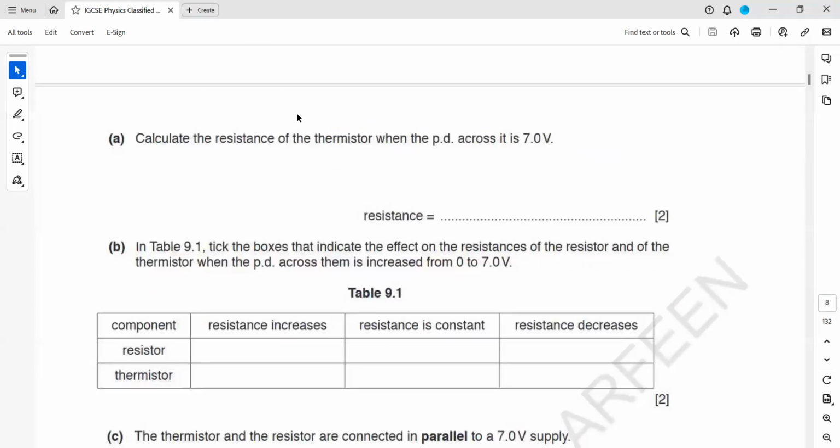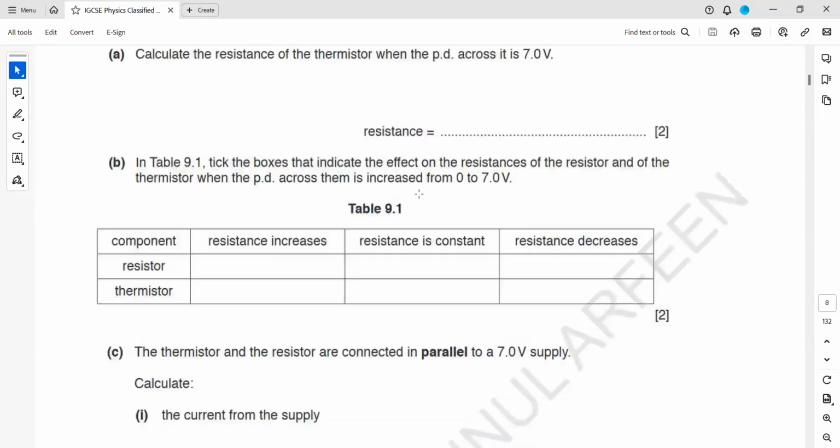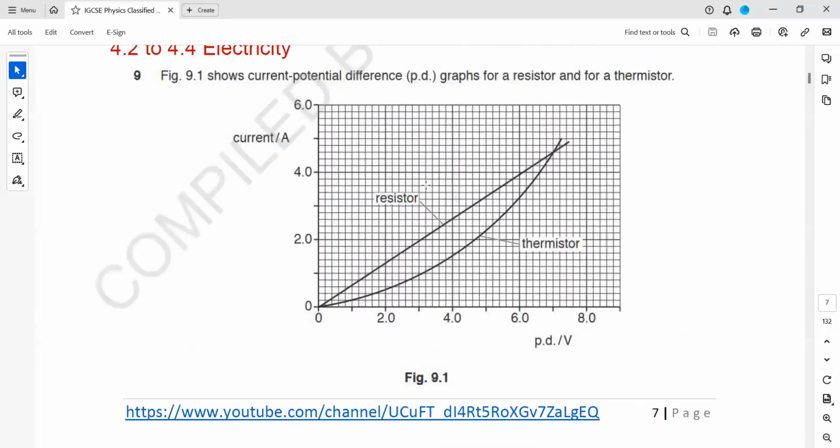Calculate the resistance of the thermistor when the potential is 7 volts. You have to show this on your graph, so draw the line and find the current. Ten boxes equal 2, so each is 0.2: 4.2, 4.4, 4.6.